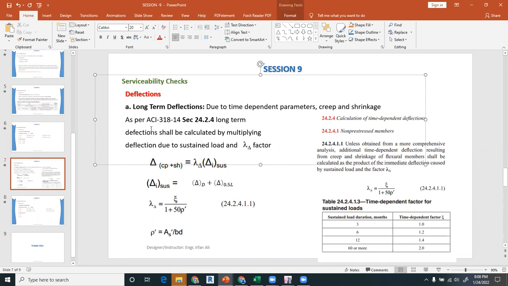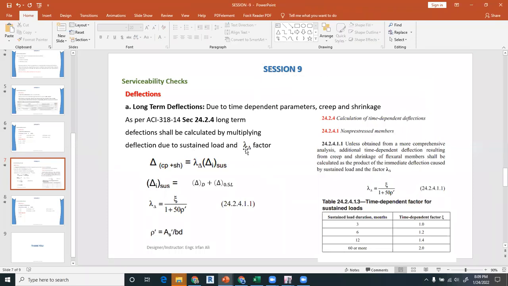As per ACI 318-14 section 24.2.4, long-term deflections can be calculated by multiplying the deflection due to sustained load by the factor alpha delta. So if you calculate the deflection from the sustained load and multiply it with this factor, you will get the total long-term deflection due to creep and shrinkage.